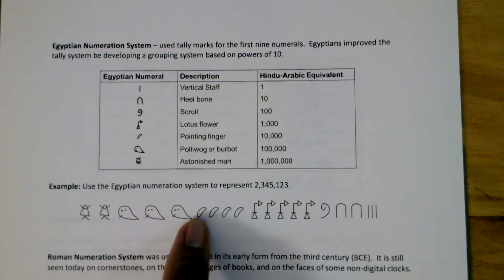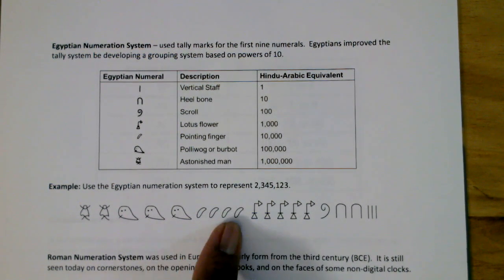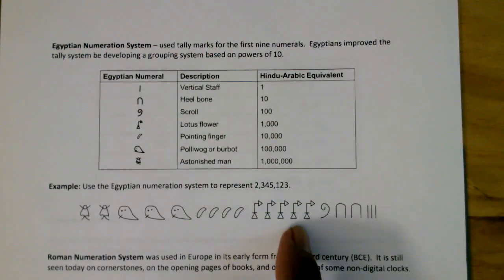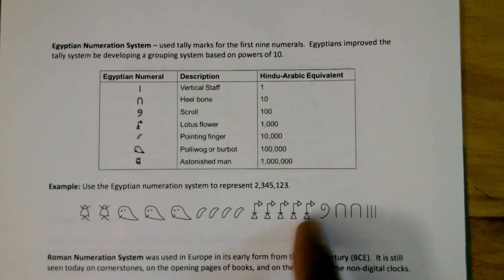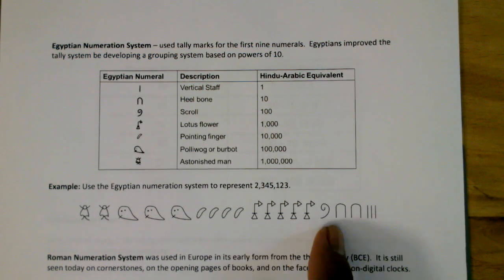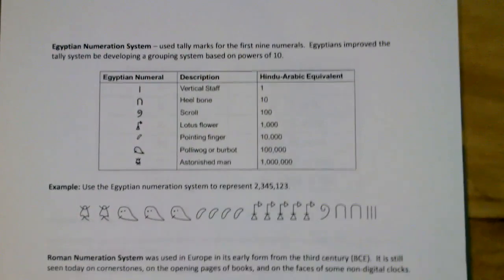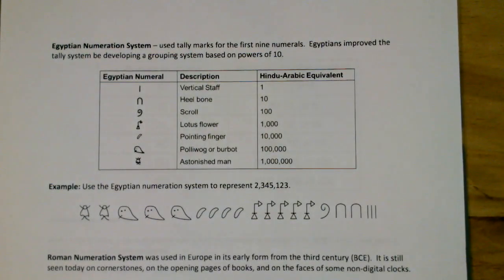And then for 40,000 would be 4 pointing fingers. And then for 5,000, we do 5 lotus flowers. And then 100 would be 1 scroll. 20 would be 2 heel bones. And for 3, 3 vertical staffs. Okay, that is the representation of 2,345,123 using the Egyptian numeration system.